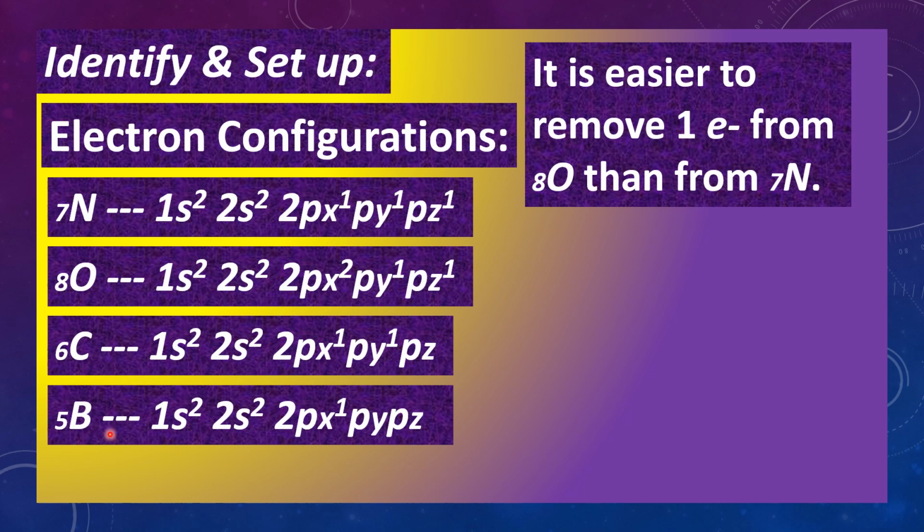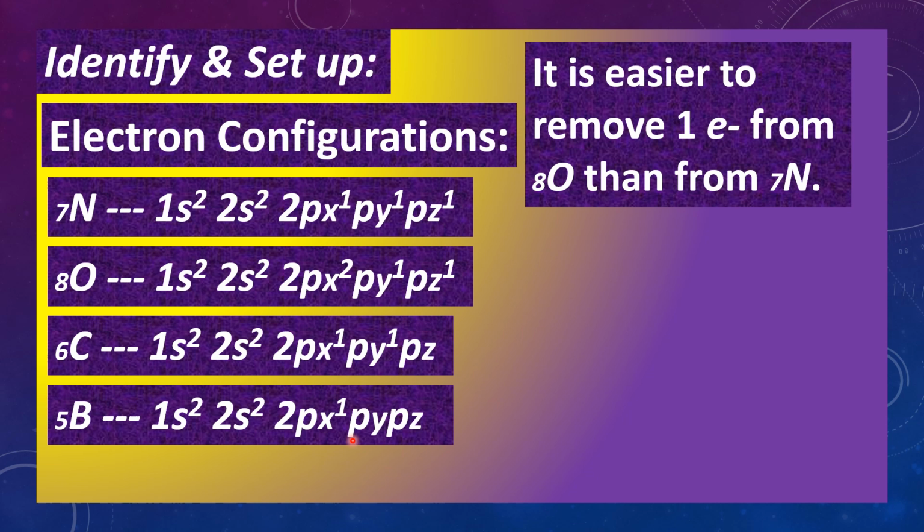And for boron, the configuration is 1s2, 2s2, 2px1, with py and pz, neither of these orbitals py and pz having an electron.